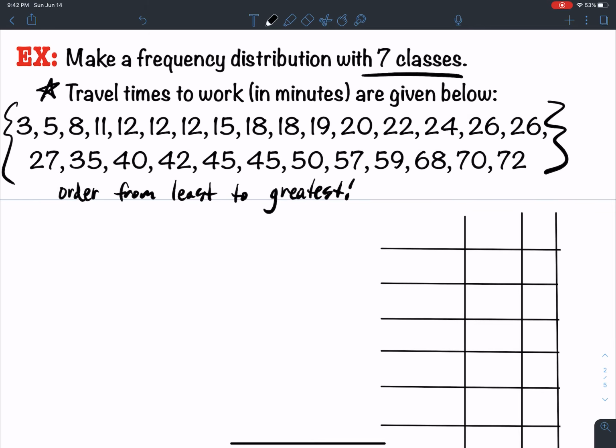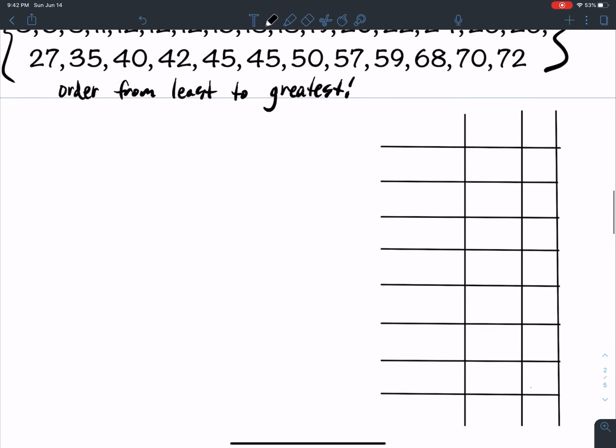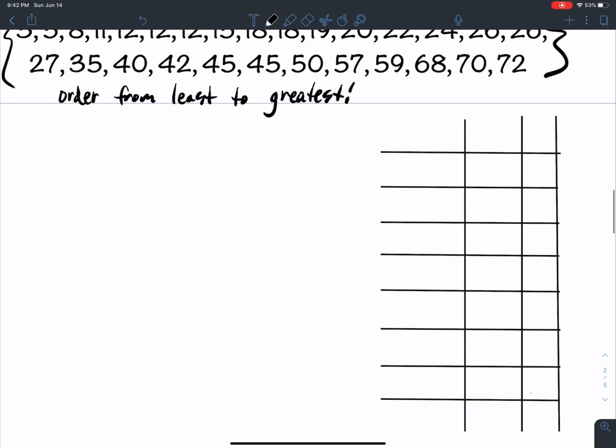Here's what we're going to do. We are going to first have our class, and then we're going to have our tallies, and then we're going to have the frequency.